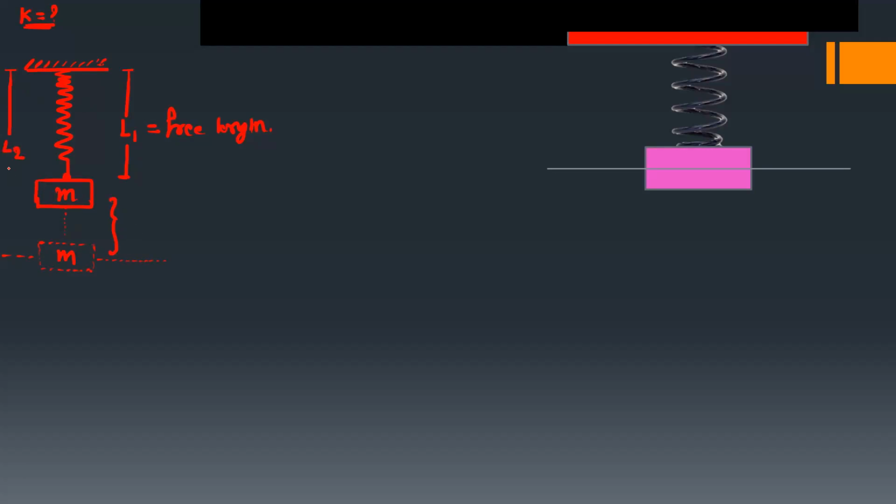This is L2. Then find the difference, which is delta, equal to L2 minus L1. By measuring this delta, you can find the unknown value K, the stiffness of the given spring. For that, we should know this relation: spring force Fk is equal to spring constant into its deformation.